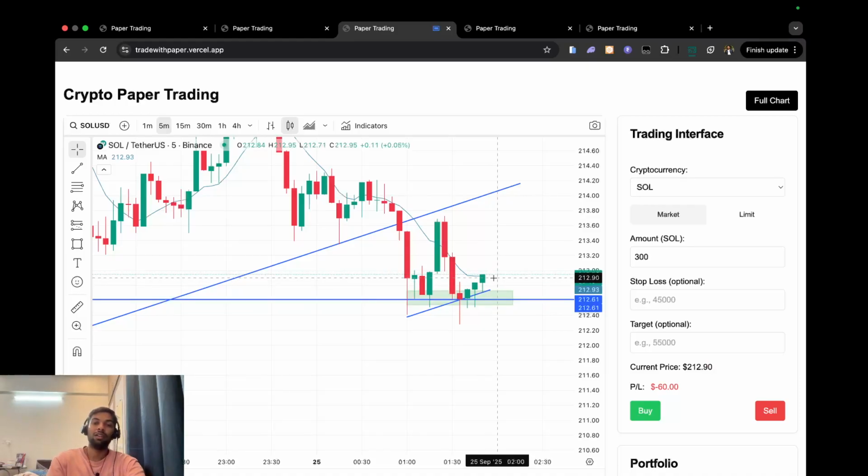One big red candle I want in the downward direction, that indicates that okay, I am a bit interested in going down.